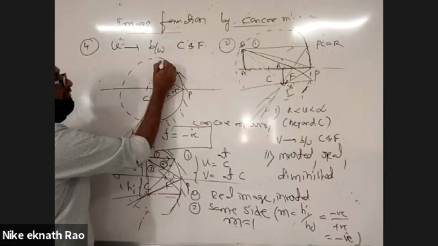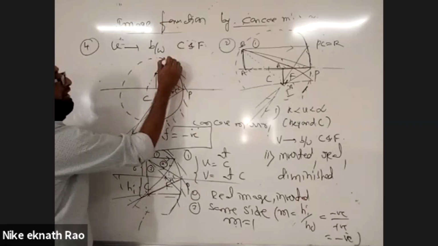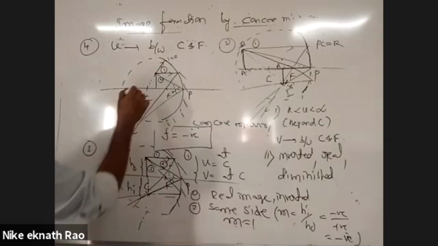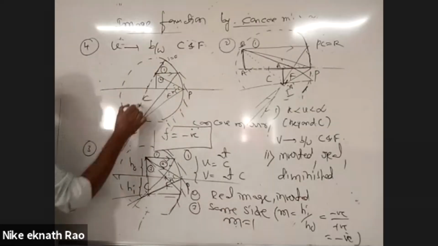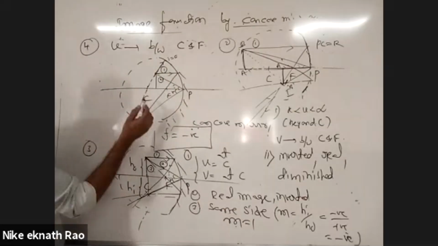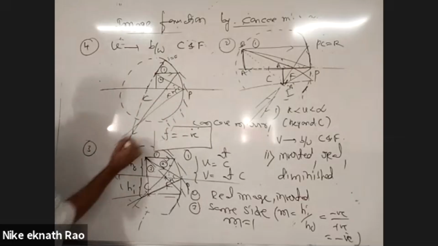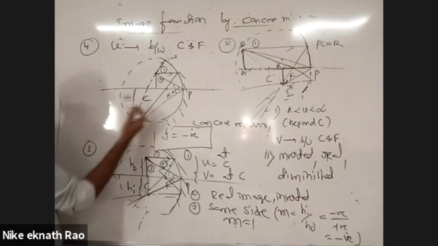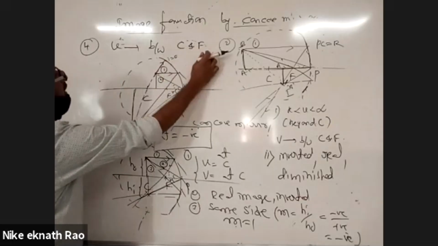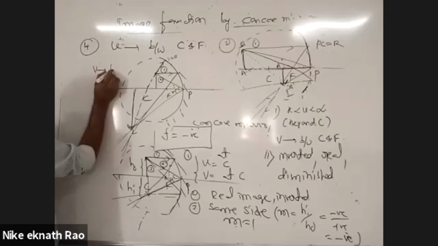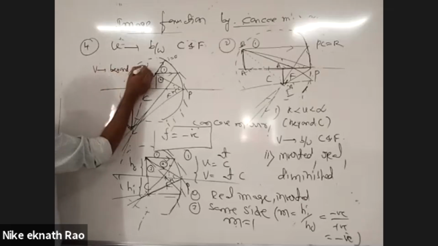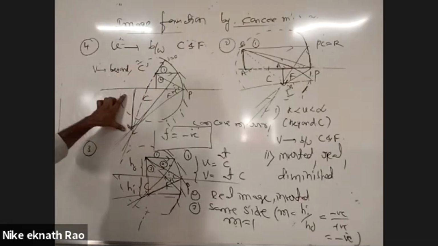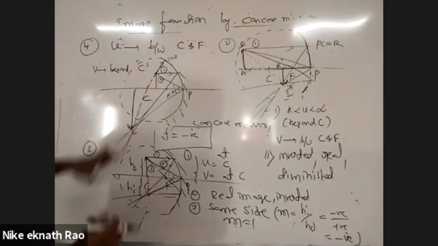A ray directed from the center of curvature goes along the normal, so the angle of incidence is 0 and it reflects back like this. So the image is formed behind C. When the object is smaller, the image is larger: an enlarged, magnified image.